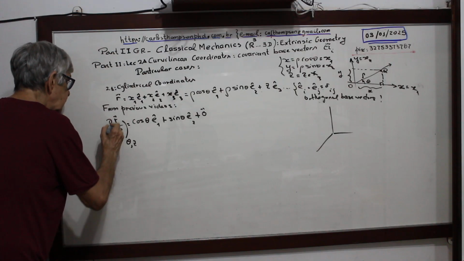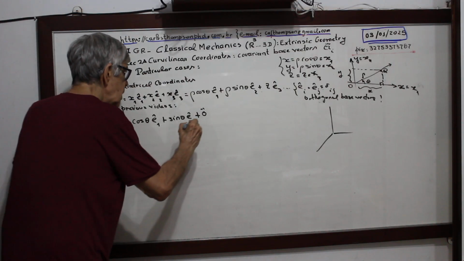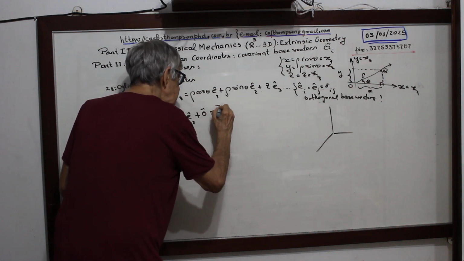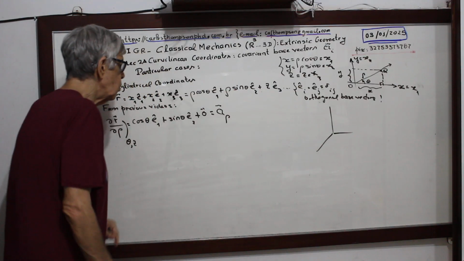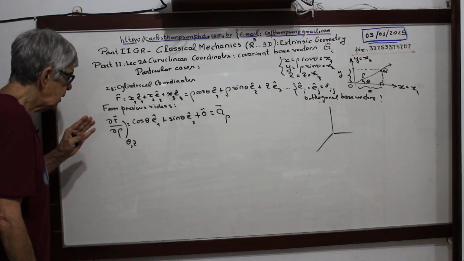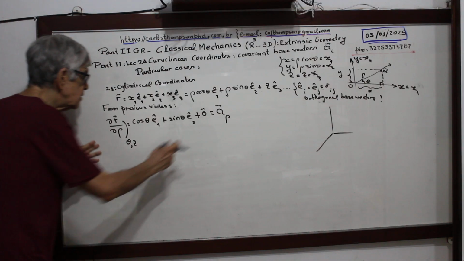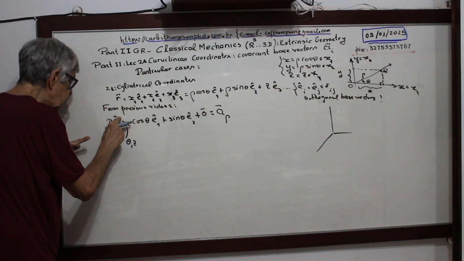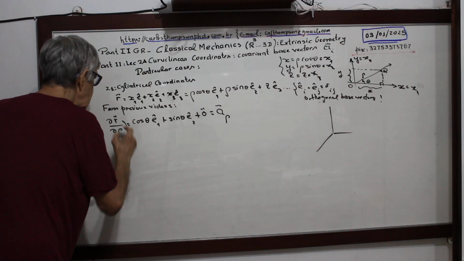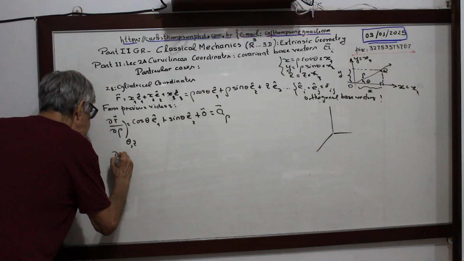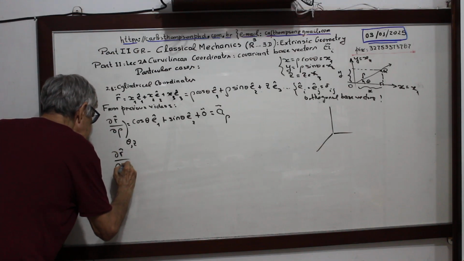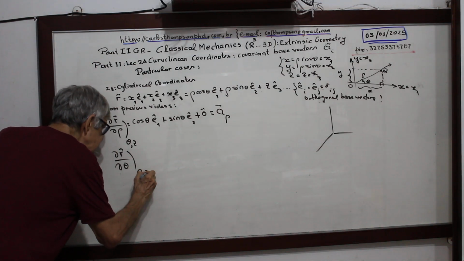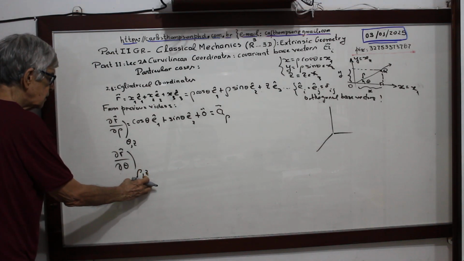Now, look at that, how interesting. This over here, I will define as A sub rho. You can see clearly that A sub rho is equal to the partial derivative of the position vector with respect to rho. Now, let's derive R with respect to theta. Attention now, rho and z remain constant.